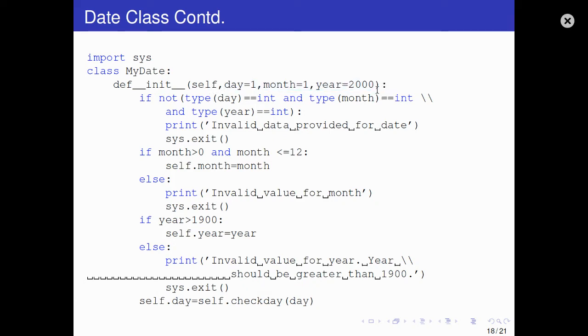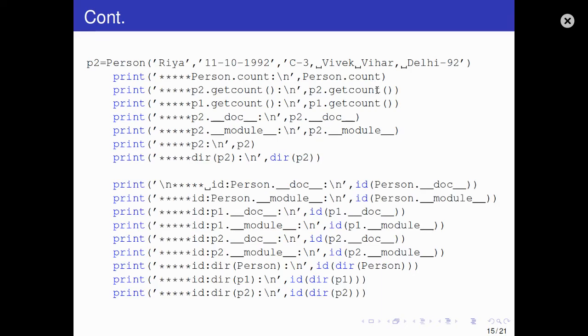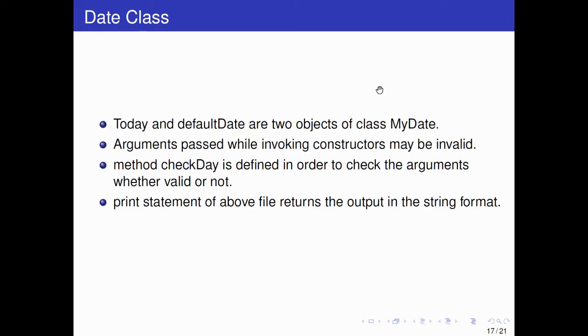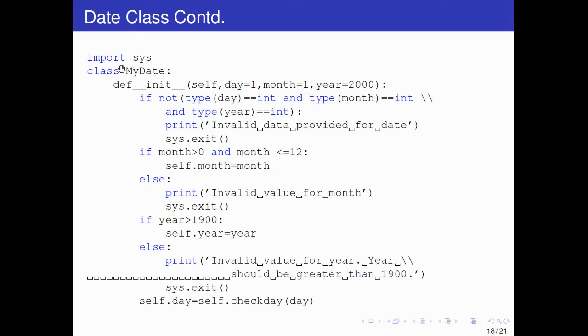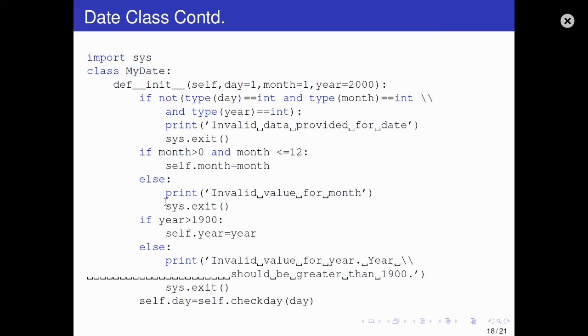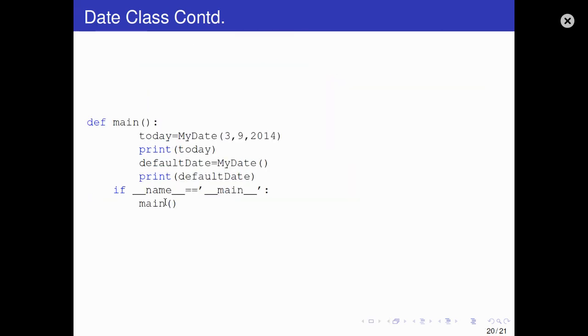So today and default date are two objects of the class my date. The class name is my date, and we have created two objects here.